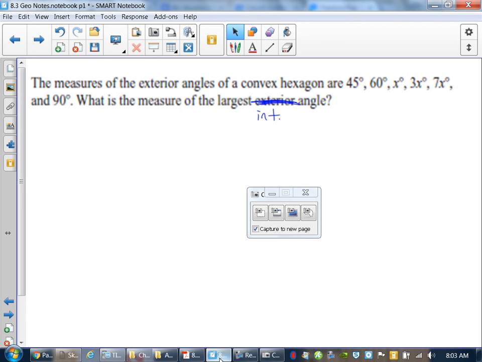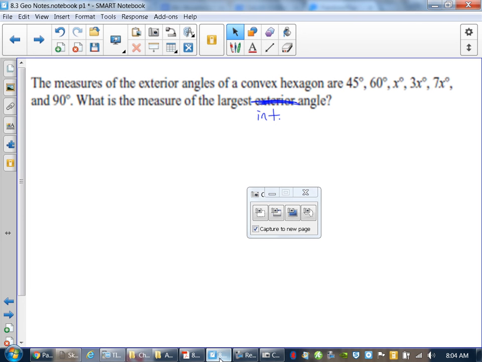Oh, there's a 90. So that's going to be 11x, and 90. 105 plus 90 is 195. So you take 360 equals 11x plus 195.